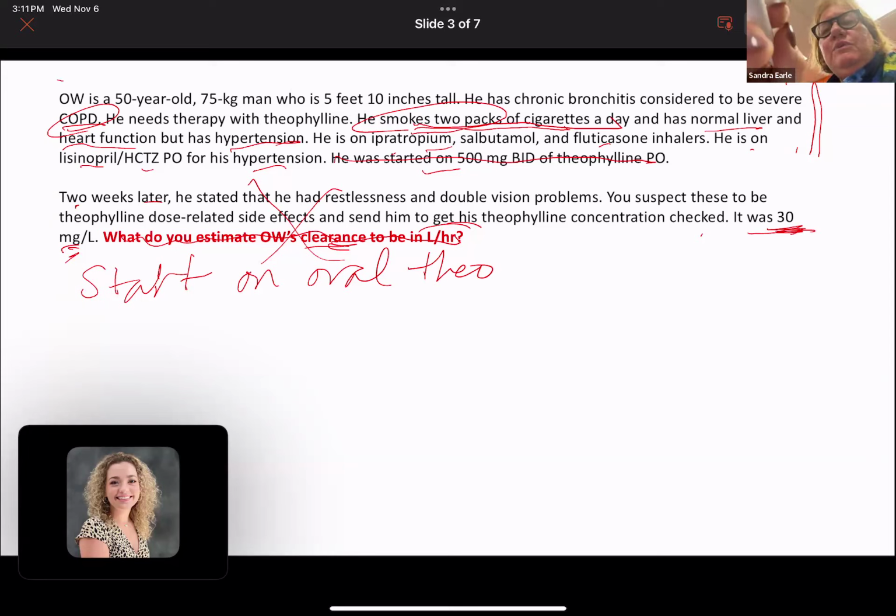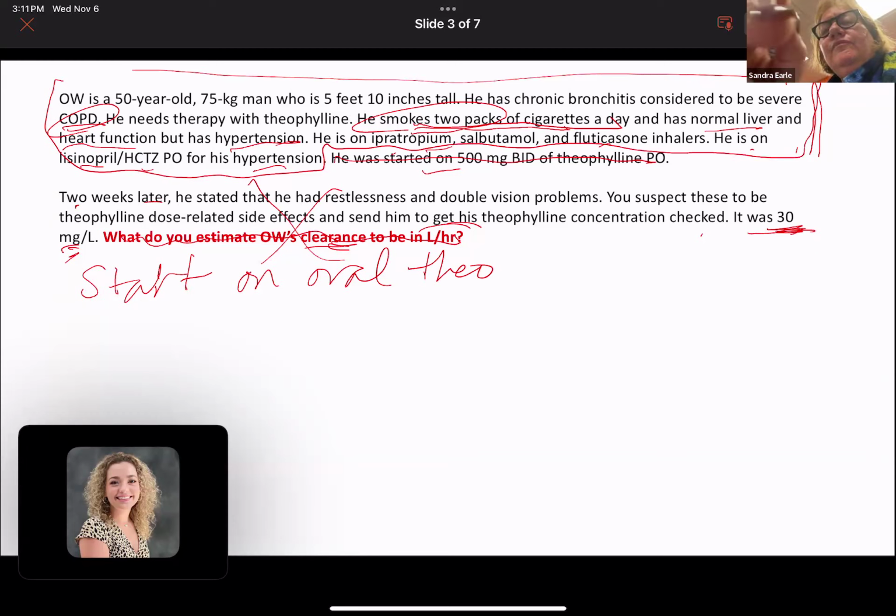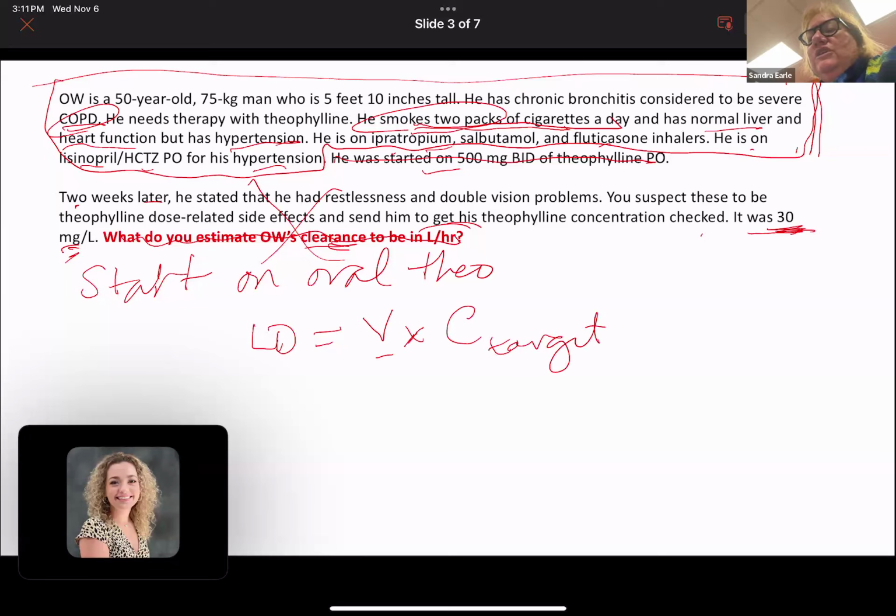If we only knew this part here. Well, do we want a loading dose? I don't know, but we can figure out a loading dose pretty easily, can't we? A loading dose is figuring out what your patient's volume is and getting it to that target concentration of wherever you're going.